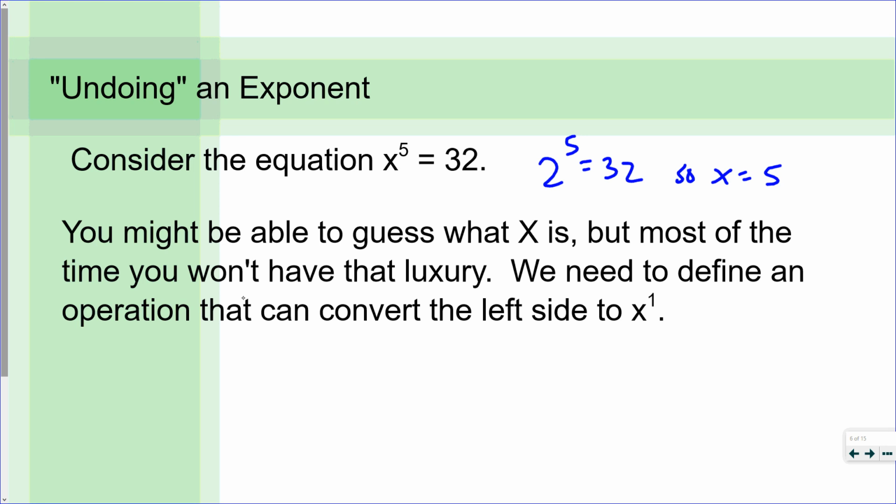The only other way to do it is with x to the fifth raised to some power equal to x to the first. What does this have to be to get those to multiply together to get 1? It looks like we're going to have to use a power of 1/5. So what this means is that if we have an expression and we wish to get rid of that exponent, we're going to use a power that is the reciprocal of that exponent, regardless of whether it's positive, negative, decimal, or anything.